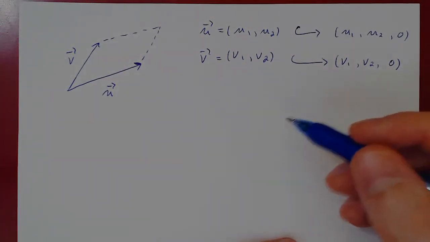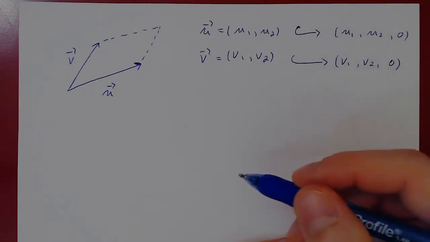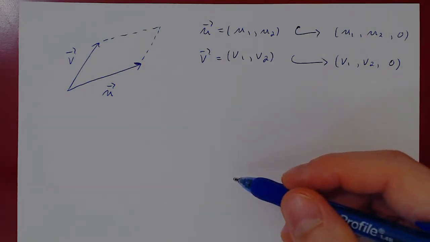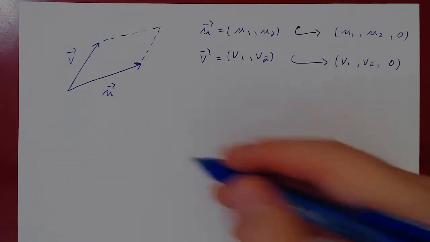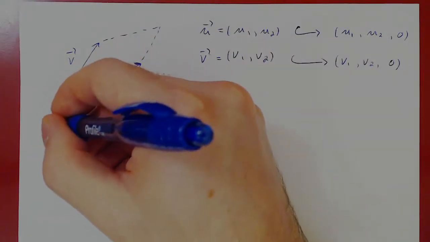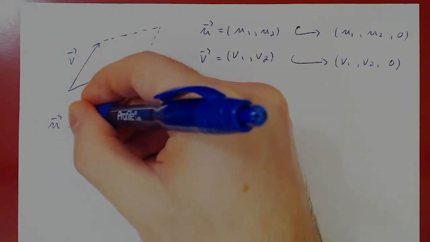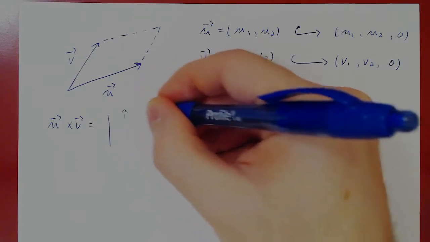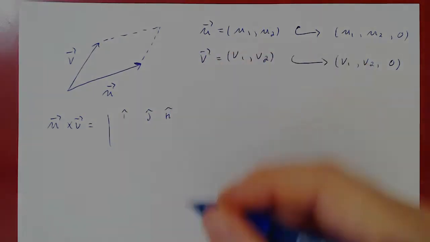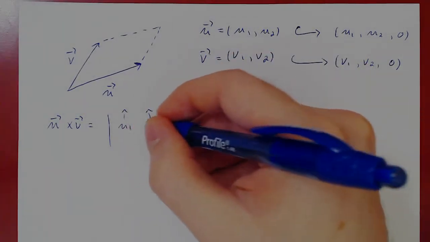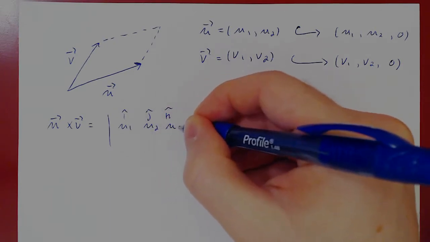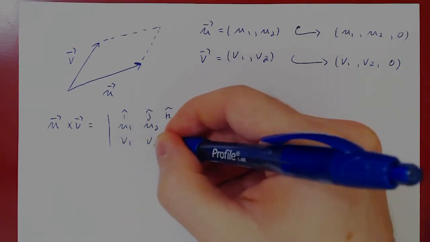We will find u cross v, and then find the norm of the vector, and hopefully what will come out will be quite simple. So, u cross v, i j k, u1, u2, u3, v1, v2, v3.